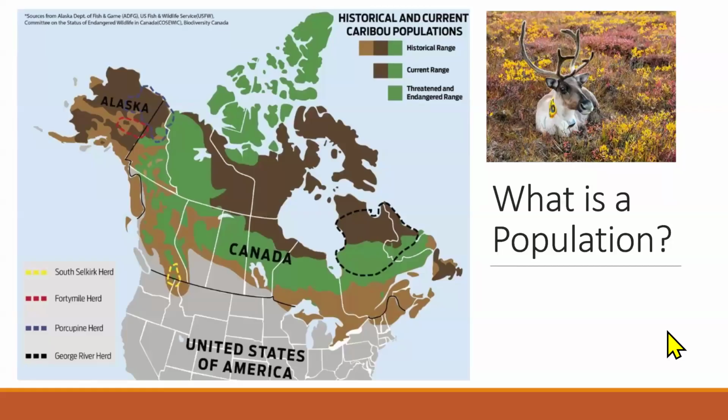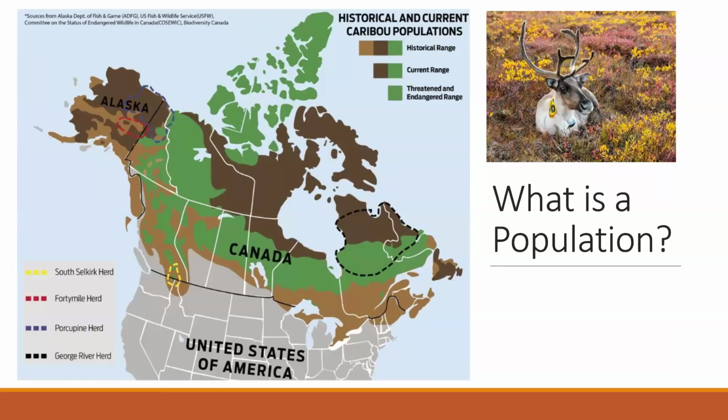All right, now I'm going to use this example. We're going to talk about caribou. There's a picture of one if you're not sure what they look like. Now, in North America, they're called caribou. They also live in Eurasia, and they're called reindeer over there, but they're actually the same species. They used to have a circum-Arctic distribution when the land bridge still existed between Alaska and Russia before the end of the last ice age.